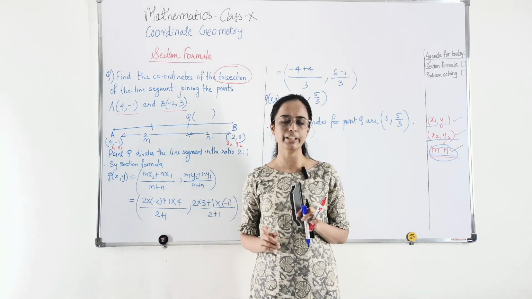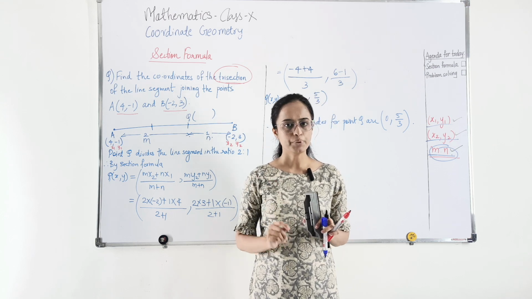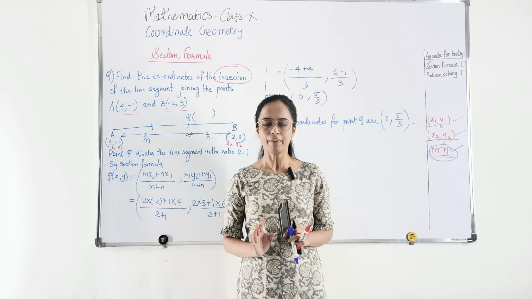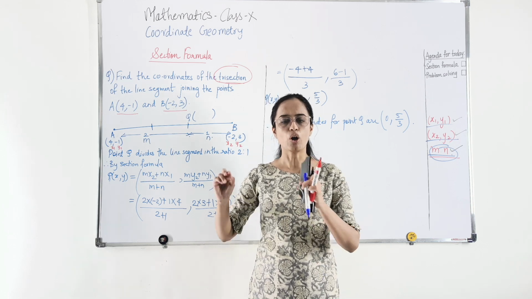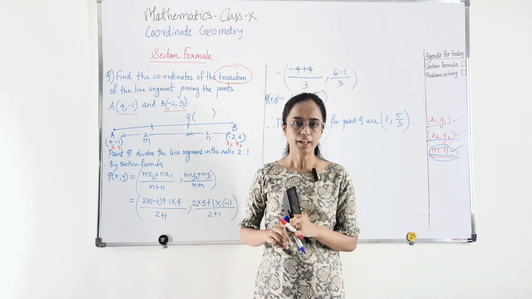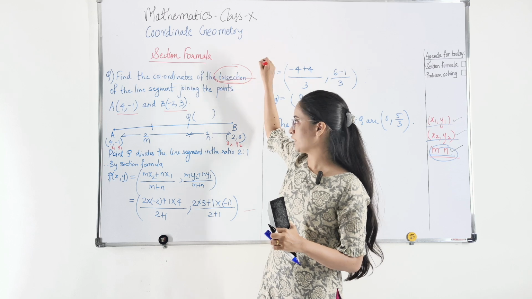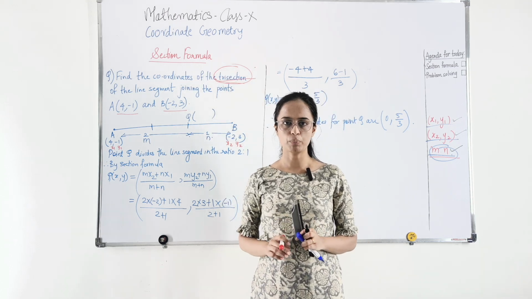Using this property and the section formula, you calculated the values for P and Q. It is very easy. You just need to make use of the given fact that the line has been trisected. I hope you understood the second problem also.